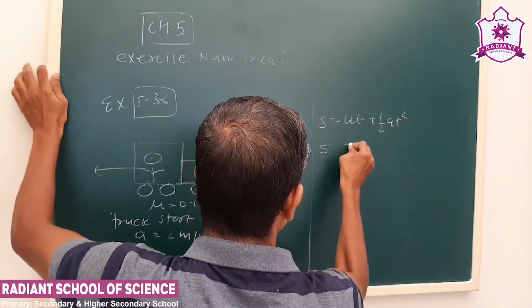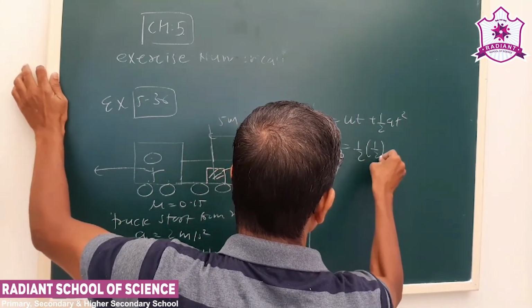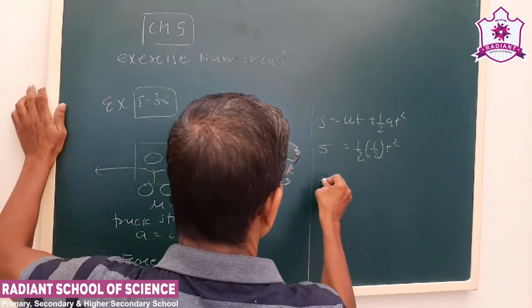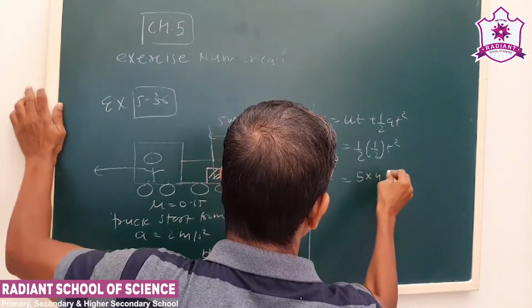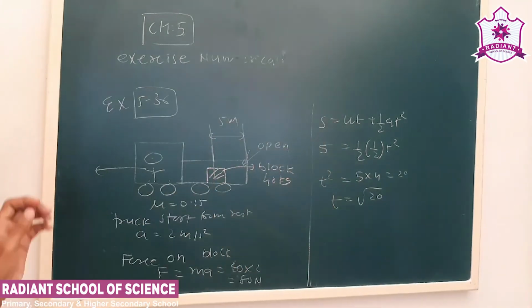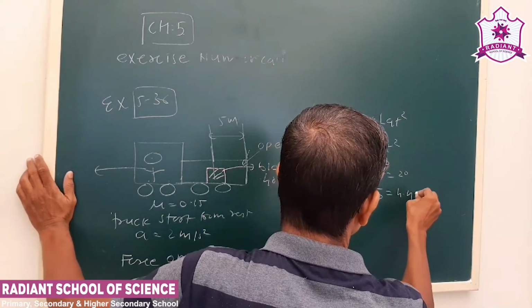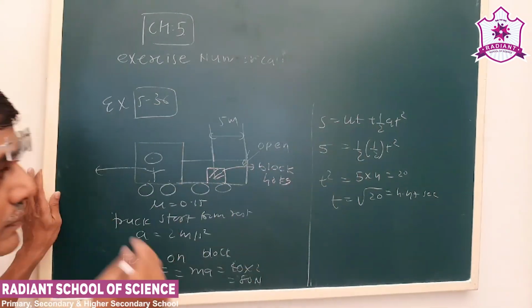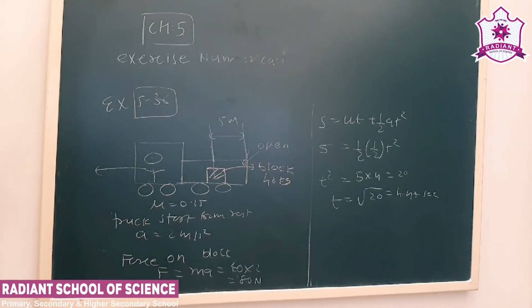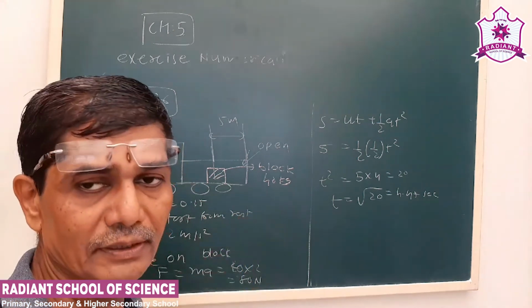Now S is 5, a is 1 by 2, so 5 is equal to half times half times t square. The value of time we obtain is 4.47. So in 4.47 seconds, the block will fall off from the truck.